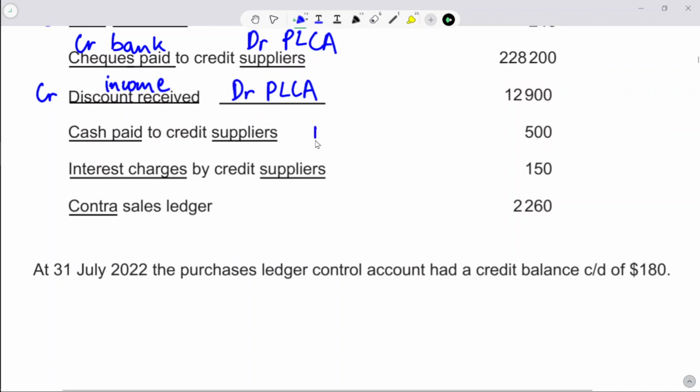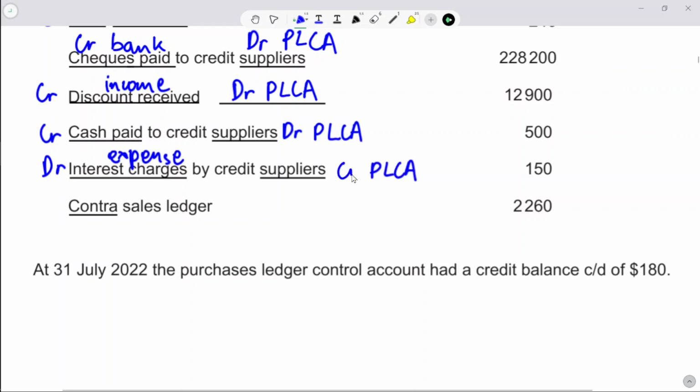Supplier is related to the PLCA. And then cash paid will credit the cash. Then this one will be debit. Okay. Interest charged by the supplier is an expense. So this one will debit. This supplier is actually PLCA.